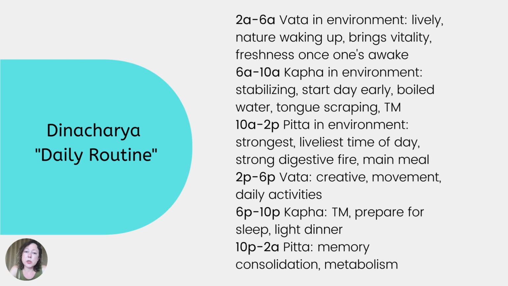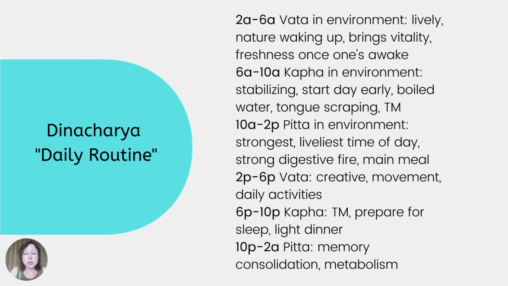So waking up early and doing our morning routine earlier on, such as in kapha, is a stabilizing time of day. We can drink boiled water, which will help reduce toxins in our system. Tongue scraping starts our digestive fire, and transcendental meditation, connecting with consciousness, connecting with self.